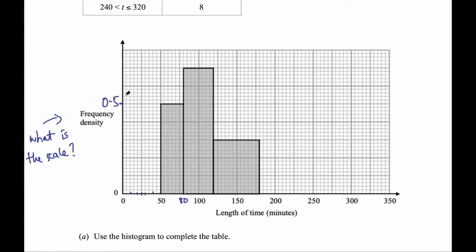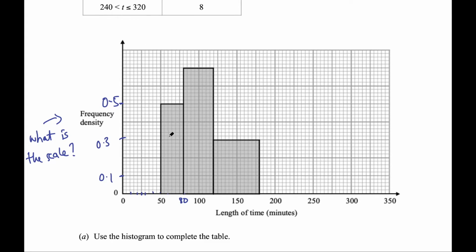Alright, so 25 of these little grid lines on the vertical axis is 0.5. So looking at these major grid lines on the vertical axis, 1, 2, 3, 4, each would be 0.1 in terms of the frequency density, okay? And that means that each little one is 0.02, 0.02, 0.04, 6, 8, okay. All right, so we've worked out that scale. This one will be 0.3, etc. Okay, that's good.